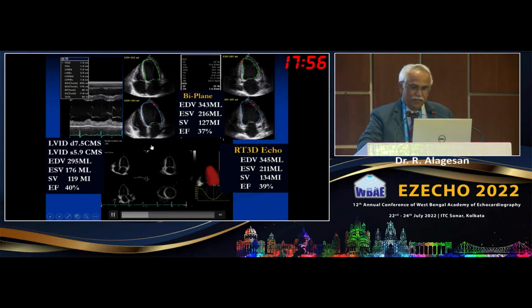In the two-dimensional echocardiogram, if the endocardium is not clearly made out, then we can inject contrast, which will pass through the pulmonary circulation and fill the left ventricle. Then you can get a clear delineation of the endocardium, and the volume can be measured accurately from the two-dimensional echocardiogram.